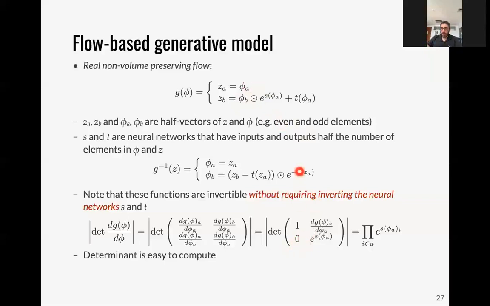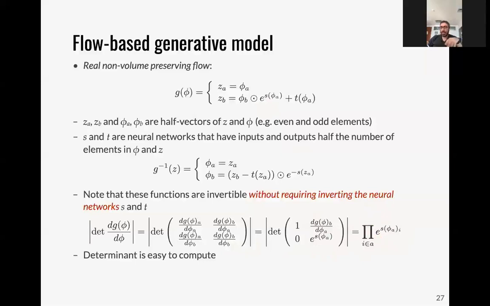So there's no phi B's appearing in the even part of the results. And then this part here, its derivative with phi B is just the exponential there. So in the determinant, we don't need to know this other part because it cancels with the 0. And so we're left basically with this product of e to the S phi A. So it's a product over half the elements of phi, basically the even elements of phi. So we can also compute this determinant easily.